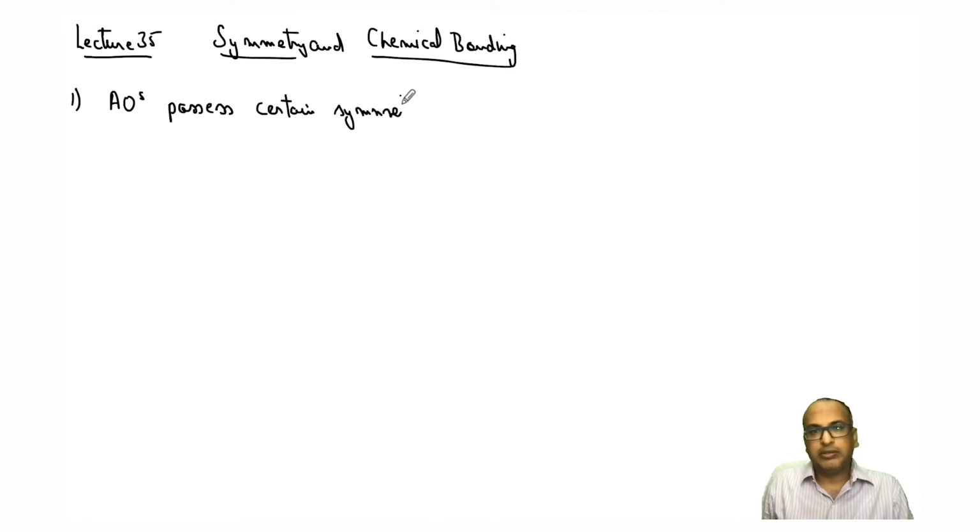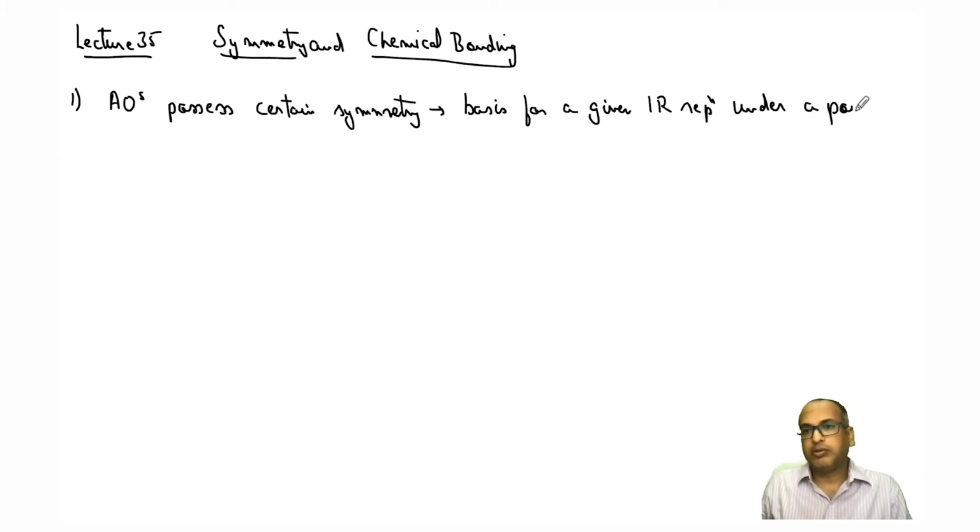That is, they can form bases for a given irreducible representation under a point group. Now, the point group will depend on the molecular shape.